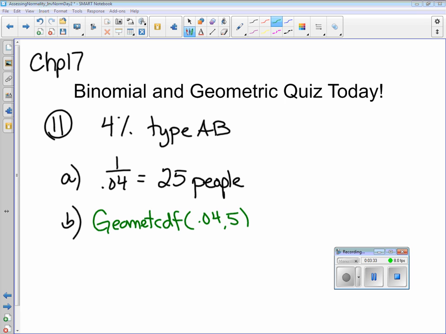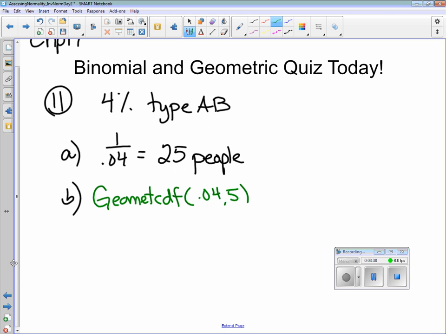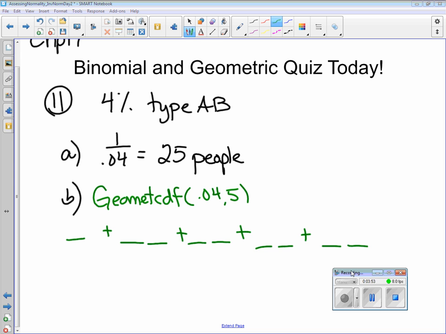Now, if we were talking about using formulas or the slot diagrams, we could say that it could be the first person, or it could be the second person, or the third person, or the fourth person, or whatever. We have 1, 2, 3, 4, and 5. So we could have said it this way. It's the first person, right? Or it could be not the first person, but it could be the second person.